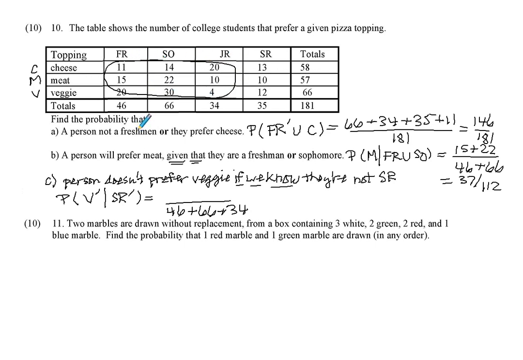Out of those 9 numbers, we want to know how many of those people do not prefer veggie. The veggie people are going to be 20, 30, and 4. So not veggie is going to be the 11, 15, 14, 22, and 20, 10. So this will be 11 plus 15 plus 14 plus 22 plus 20 plus 10.